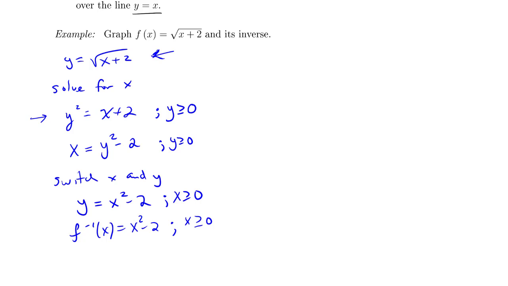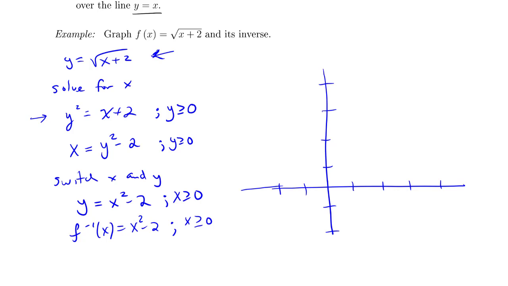Okay, so let's take a look on a graph here. Let me try and get a pretty nice graph here. So let's say 1, 2, 3, 4, and 1, 2, and 1, 2, 3, 4. Okay, so let's take the first thing. y equals the square root of x plus 2. That's a square root graph that's just been shifted to the left 2.